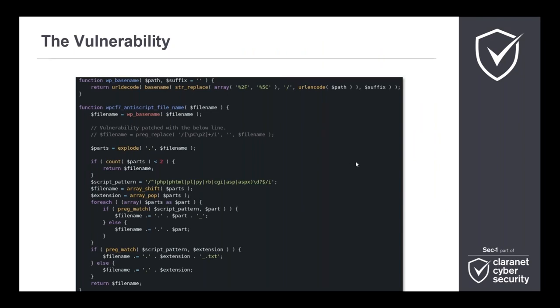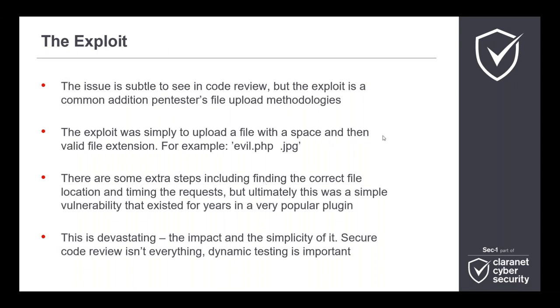So this is the vulnerability in terms of code review. I'm not going to ask you to try and piece it together, but essentially here we've got the patch, which is a single line that removes any white space from the file name. This vulnerability would be difficult to see in a code review, which is why it wasn't necessarily picked up by the person creating the repo, but the exploit is relatively basic in terms of pen testing methodology.